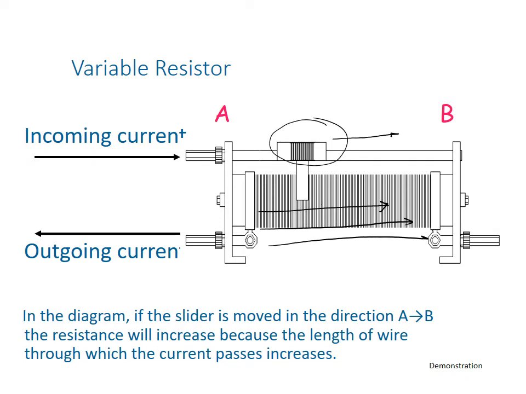So if the slider is moved from A to B, the resistance will increase because the length of the wire has also increased. By moving that slider from A to B, we're increasing the wire that's included in our circuit, so we're increasing the resistance.